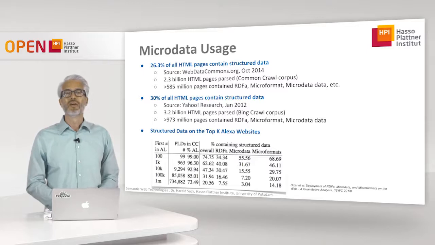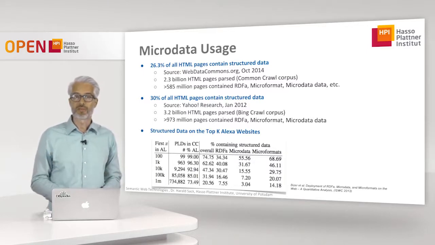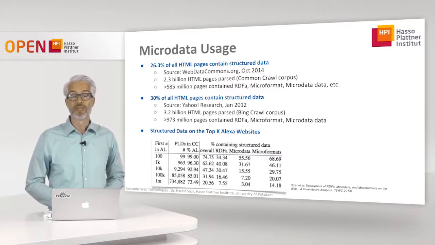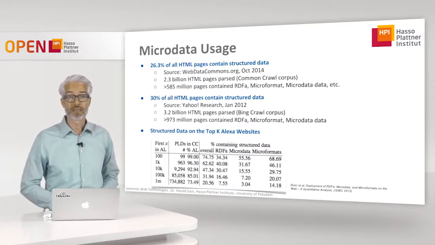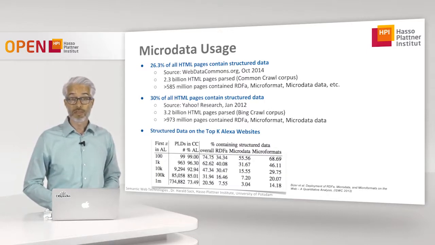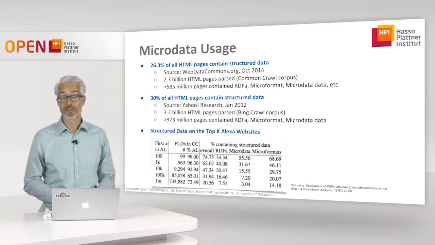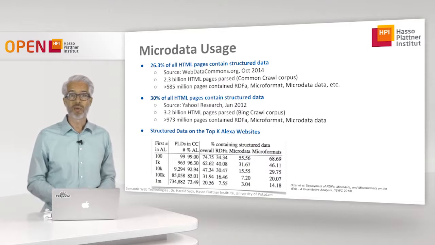So you see that the coverage of structured data like microformats, microdata, and RDFa, at least in the most important websites, is increasing. And this is a good sign that semantic web technology, and especially linked data technology, is on the edge of becoming mainstream.